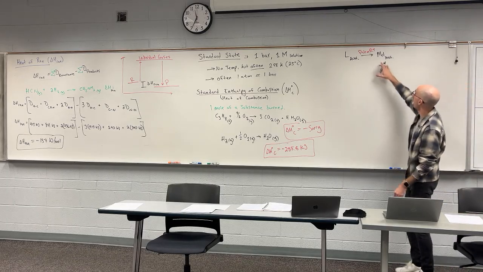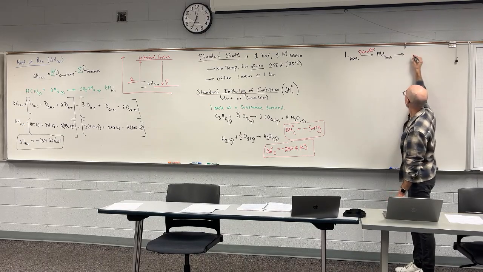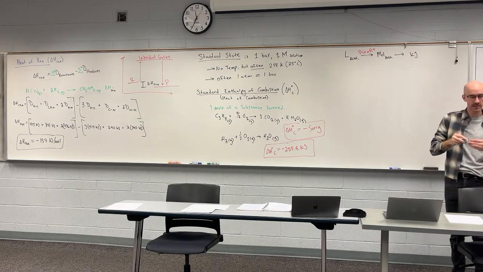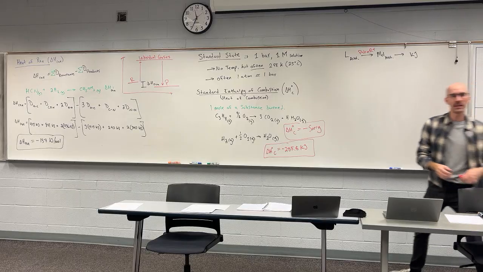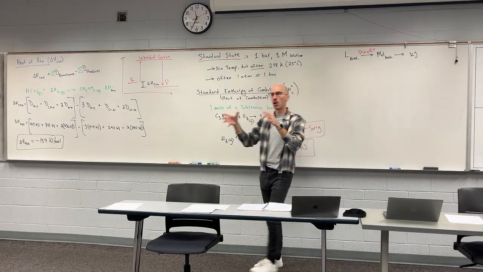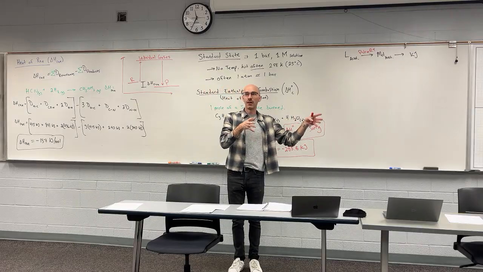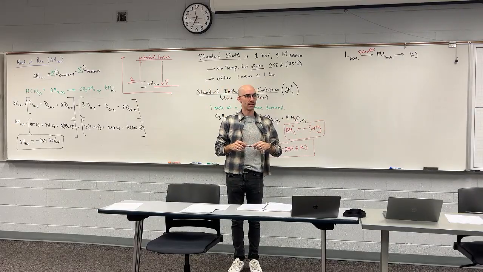I don't want to know about moles of acetylene. I actually want to know about kilojoules released. What would allow me to convert between moles of acetylene that I'm burning and the amount of energy released?